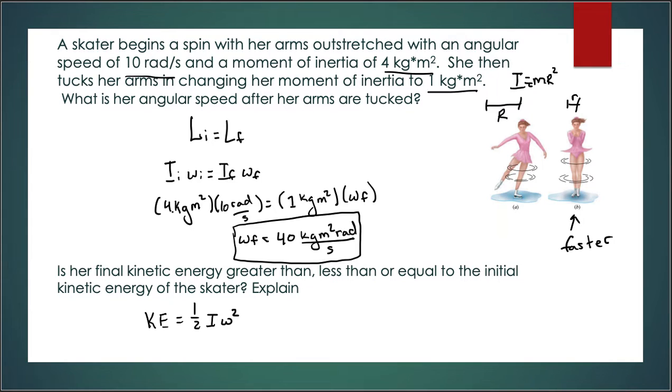So in the first case, we've got 4 times 10 squared and half of that. In the second case, we've got 1 times 40 squared. So we're going to have an increase in kinetic energy as arms go in.